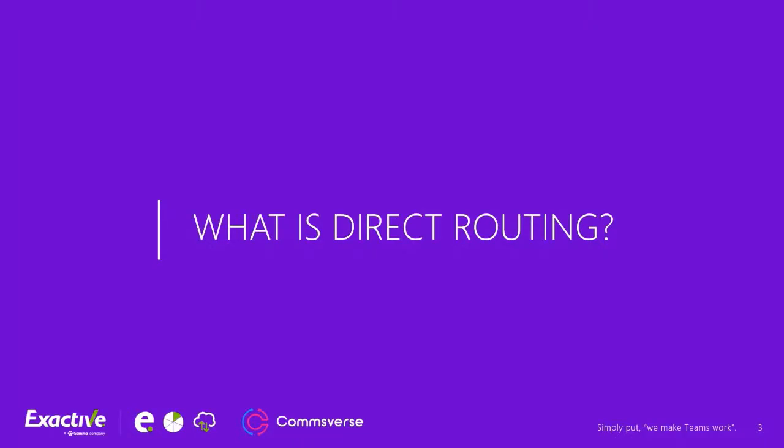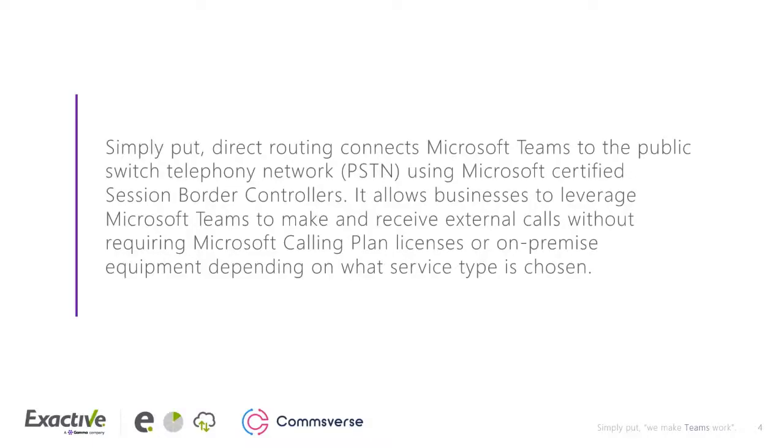So first things first, let's strip everything right back. What is direct routing? Direct routing, simply put, connects Microsoft Teams to the public switched telephony network, the PSTN, using Microsoft certified session border controllers.